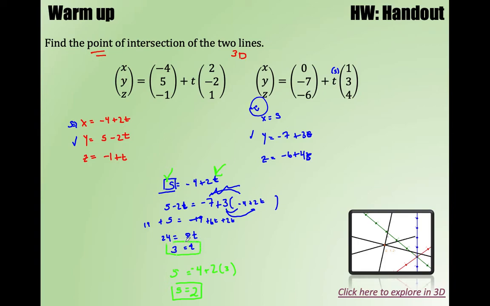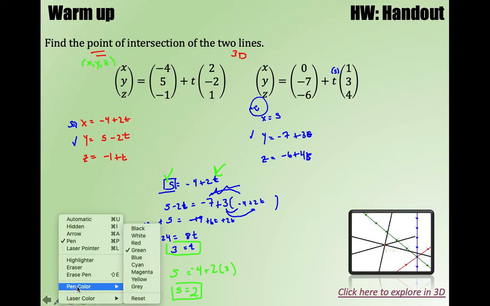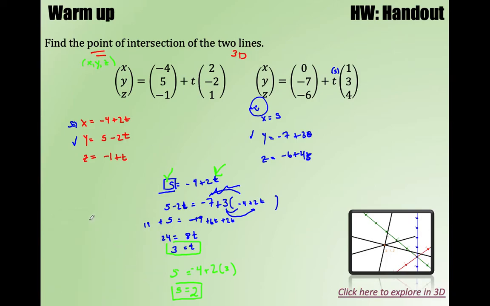Now what do we have to do with this? They asked us for the point up here. A point in 3D space is an x, a y, and a z, not a t or an s. So what do I have to do now? That's right, go up here and say for the t equations, t was equal to 3.